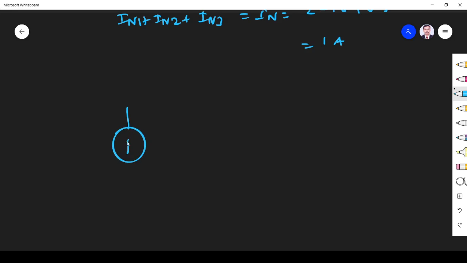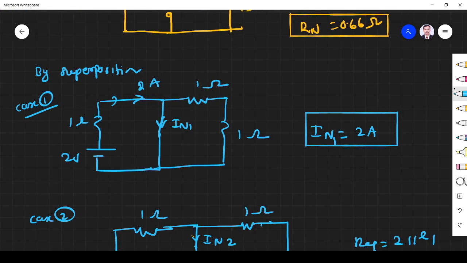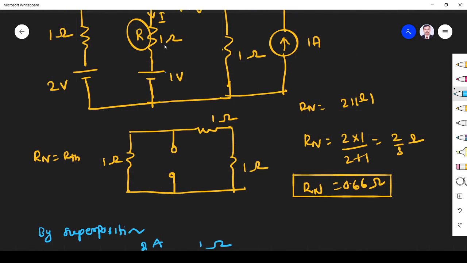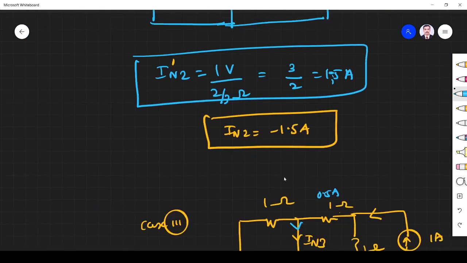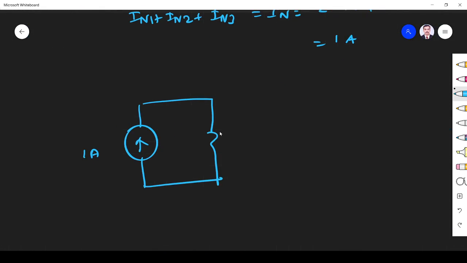I Norton is 1 ampere. R Norton, we found as we will go and see, R Norton is 0.66 ohm.